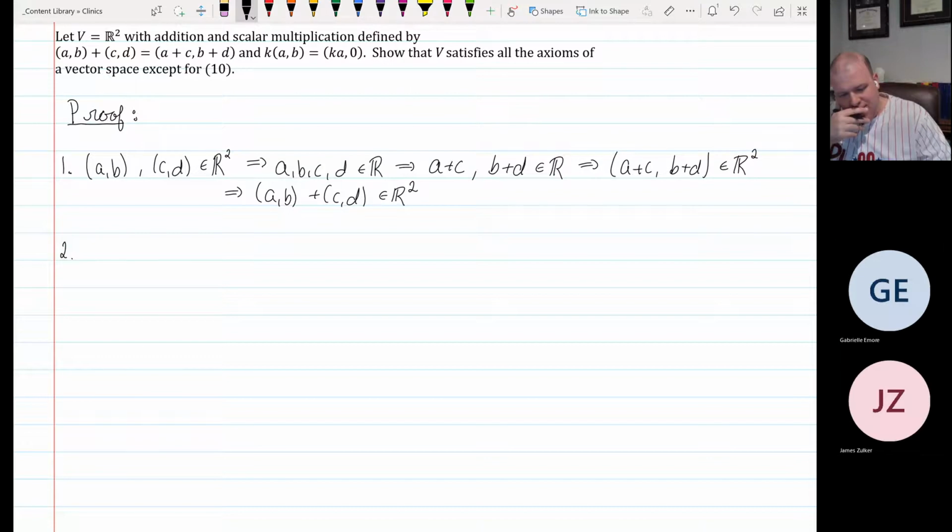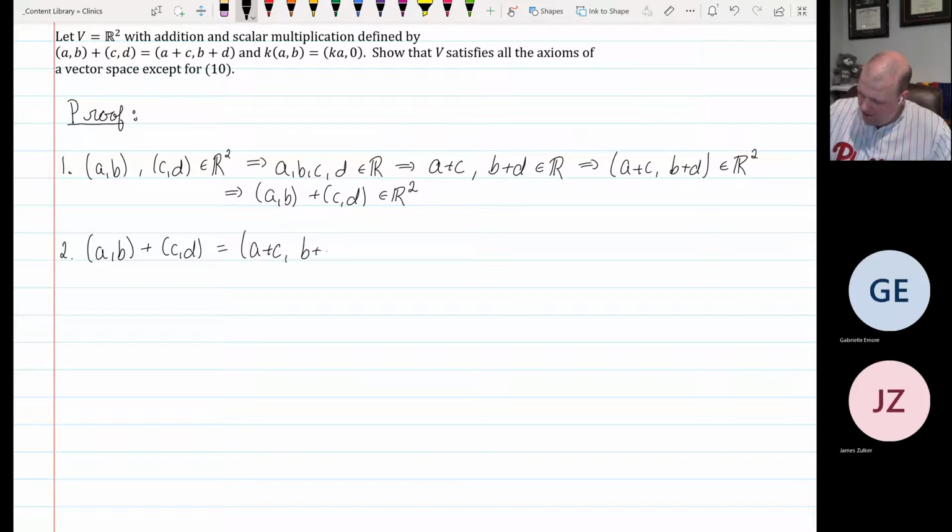Second axiom is the commutativity of addition. So add two elements. By definition, that is (A plus C, B plus D).